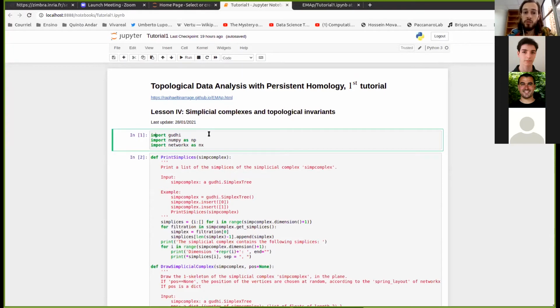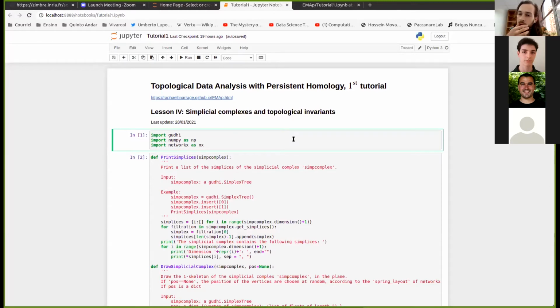Gudhi first is the one I know best because it has been developed by my team in Paris at INRIA. This is not the fastest library, but it does a lot of things, not only the usual notions of topological data analysis.